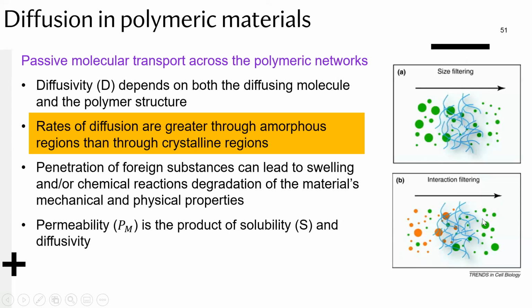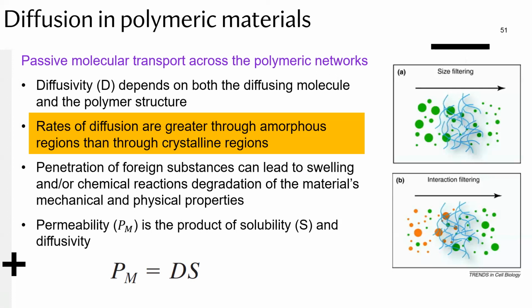If it cannot get in there at all, let's say these chains somehow repel the molecules, what's going to happen is that they can't even get in the first place, let alone get through. So the permeability coefficient is the product of these two, the diffusivity and the solubility.